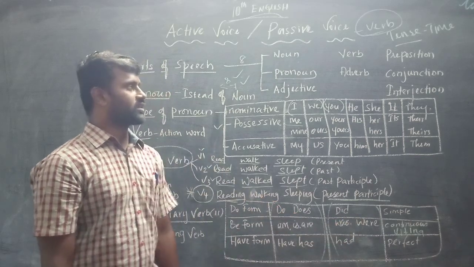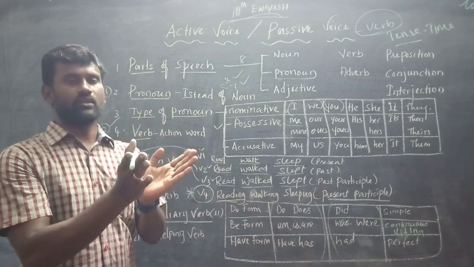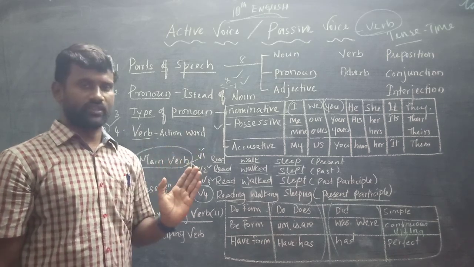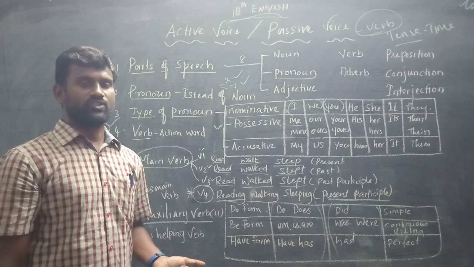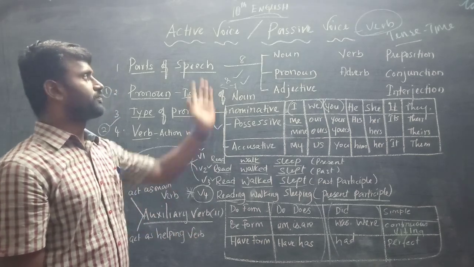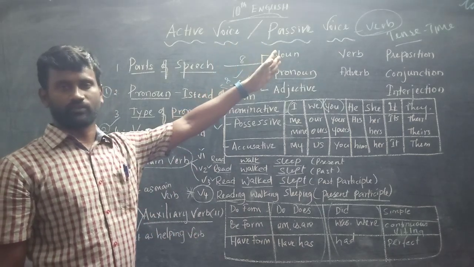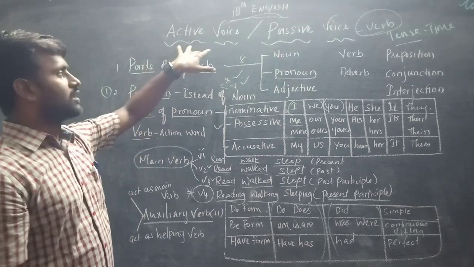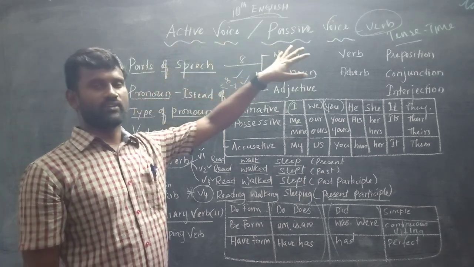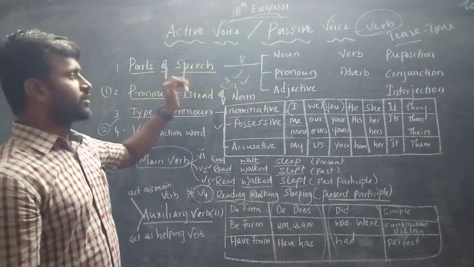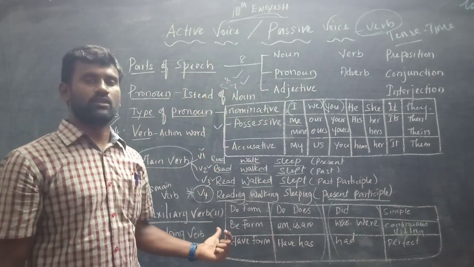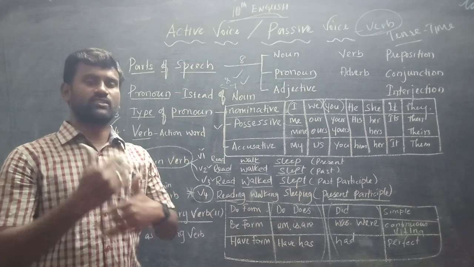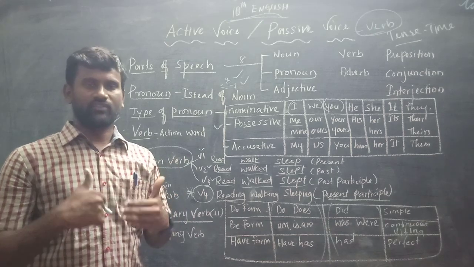I hope you guys understood. I will make a summary and then end today's session, and I'll post another video which will give you more about active voice and passive voice. Before we enter into that, we need to know the basic thing that can change from active voice to passive voice.